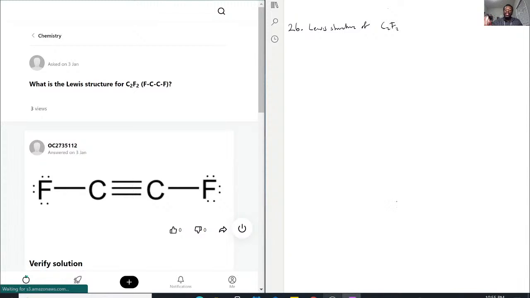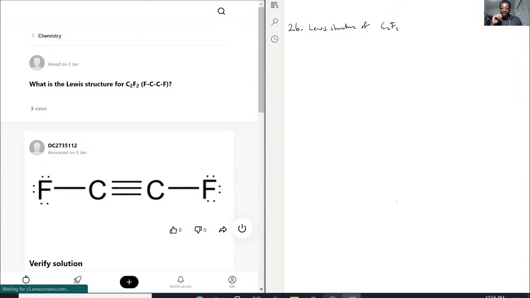But even if they didn't give us that, I'm sure we'll be able to figure it out. So, first thing we have is the carbons, which are the 14th column elements. So they have 4 valence electrons. The fluorine in the 17th column has 7 valence electrons.